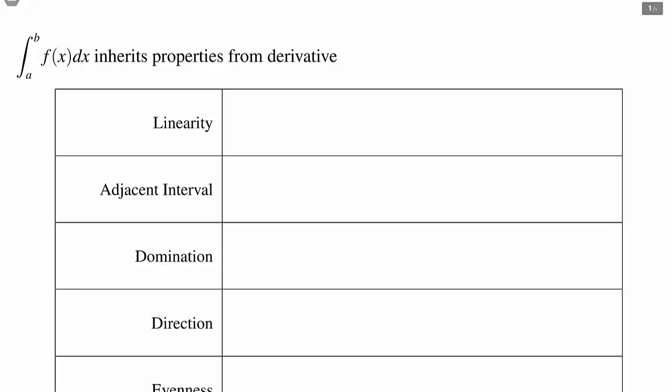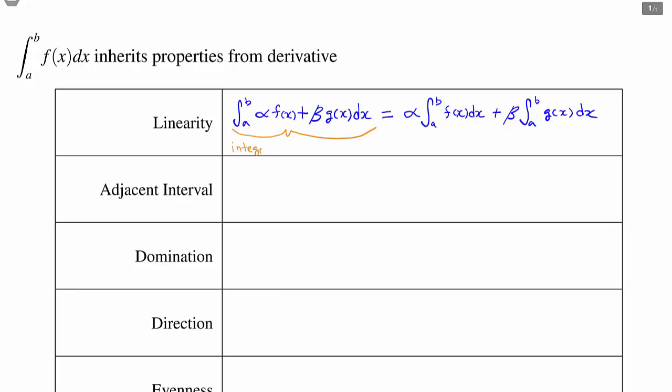Linearity: the integral from a to b of alpha f plus beta g is equal to alpha times the integral from a to b of f plus beta times the integral from a to b of g. Said simply, the integral of a linear combination is equal to the linear combination of integrals. So here alpha and beta are just fixed real numbers.